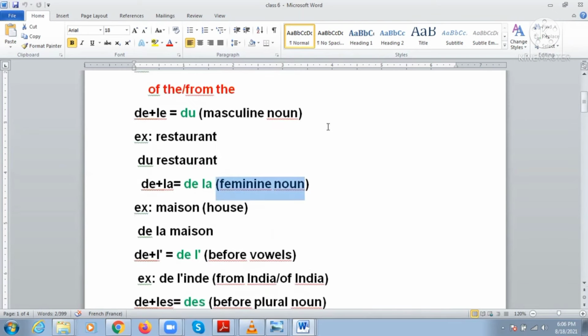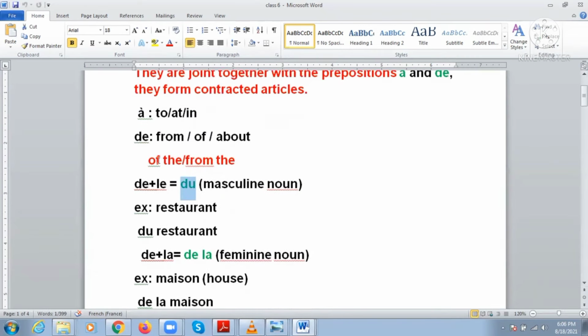This addition is here to make you understand where du comes from. Like I told you, we combine one preposition with one definite article and the result that we get is a contracted article, a contracted form. So actually this du came from the preposition de plus one type of definite article.